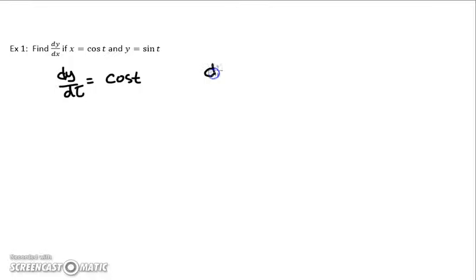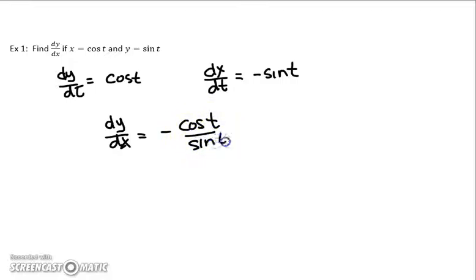We want to divide it by the derivative of x with respect to t, which is going to be negative sine of t. And we divide. So dy/dt over dx/dt gives us dy/dx equal to negative cosine of t divided by sine of t. So the negative from here I just put in front. Or if you want, we can call that negative cotangent of t.